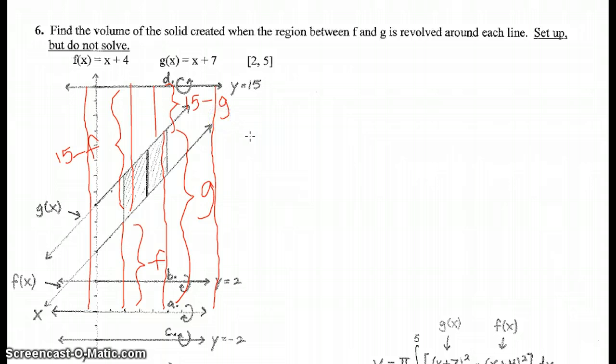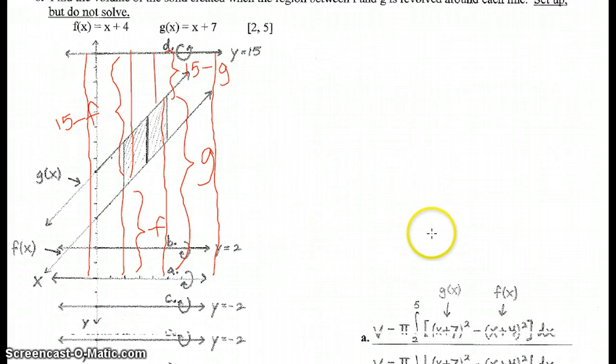So, to set up my integral, it'll be pi times the integral from 2 to 5 of my outer function, 15 minus f of x all squared, minus my inner function, 15 minus g of x all squared, dx.